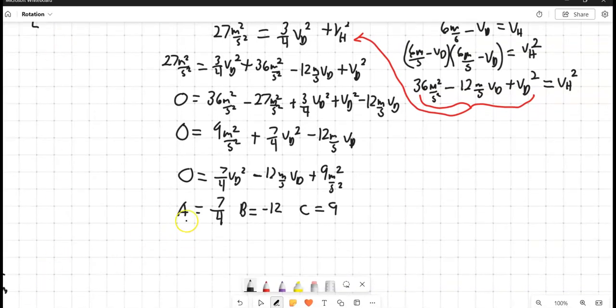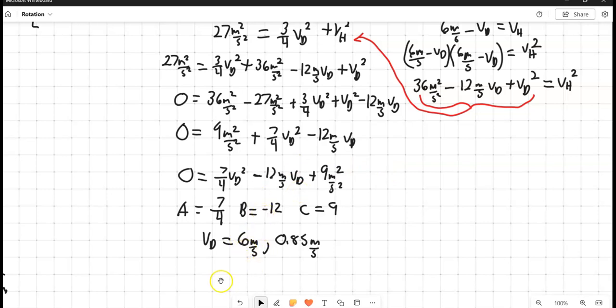what we get is that VD could be one of two things. It could be 6 meters per second, or it could be 0.85 meters per second. And I'm pretty sure that when the disc rolls downhill and hits the hoop, it's not going to keep rolling at 6 meters per second.